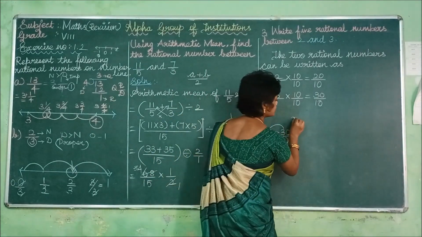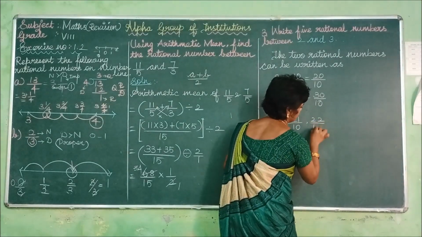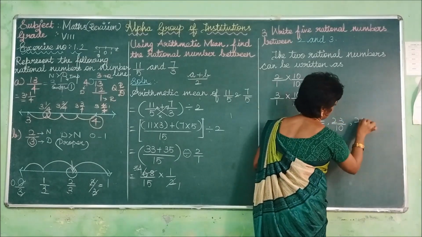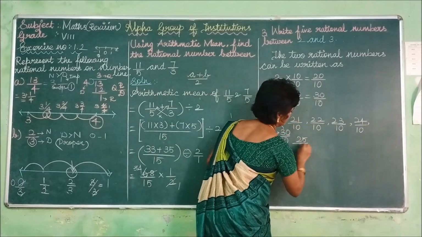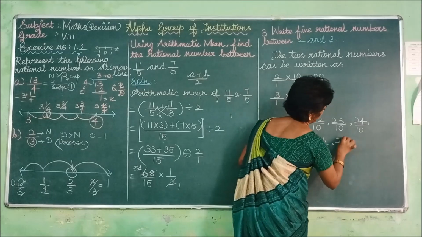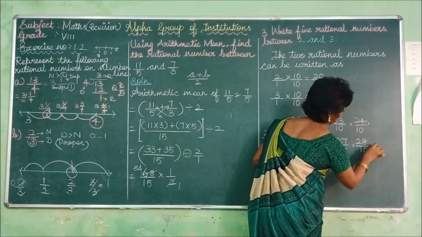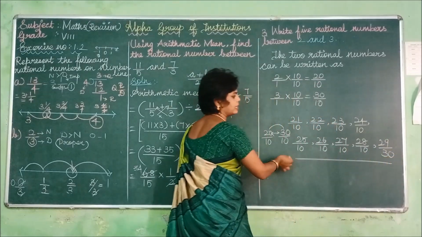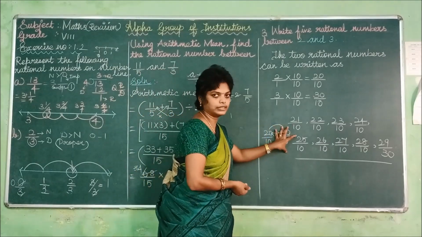What are the numbers? 21 by 10, 22 by 10, 23 by 10, 24 by 10, 25 by 10, 26 by 10, 27 by 10, 28 by 10, 29 by 10. So these are the 9 ratio numbers in between 20 by 10 and 30 by 10.